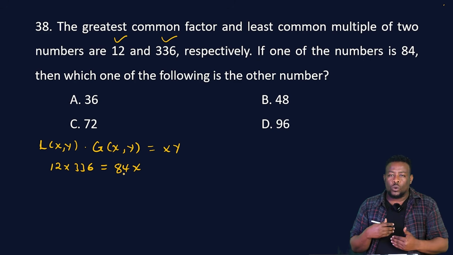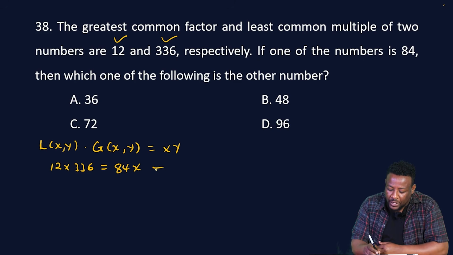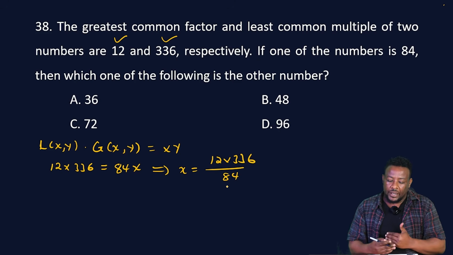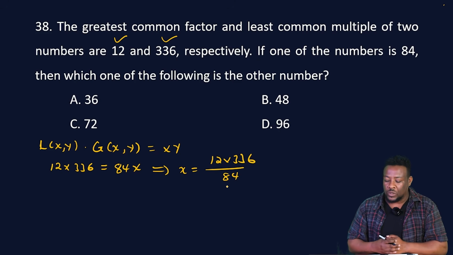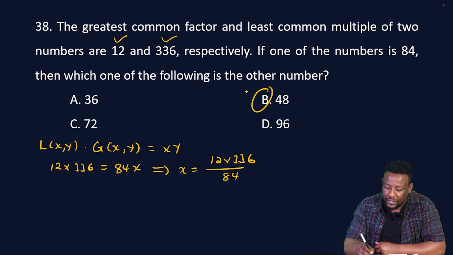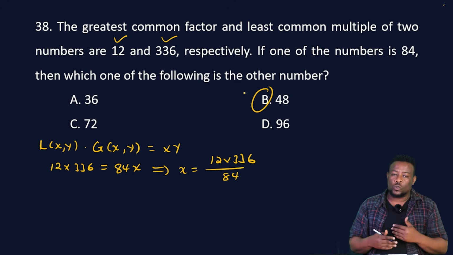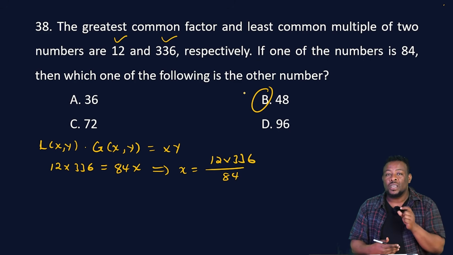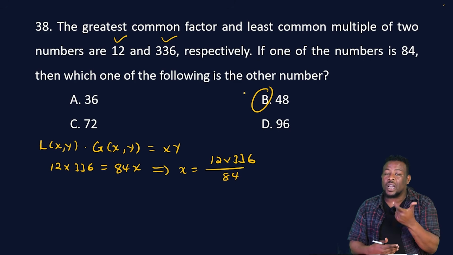So the other number can be obtained by multiplying 12 by 336 over 84. Dividing, we get 48, so we found the unknown number.